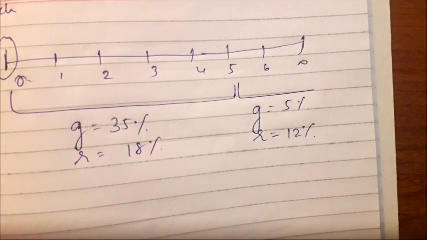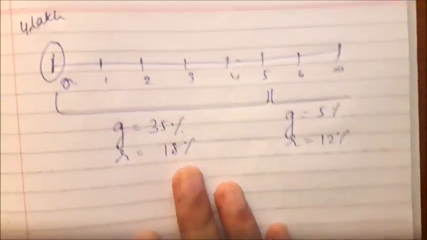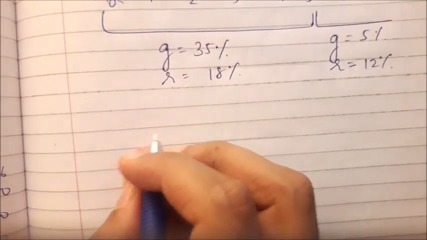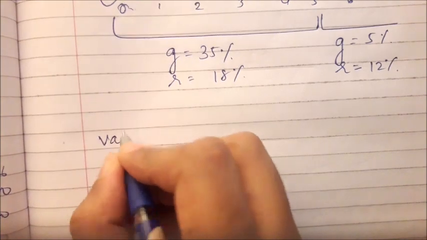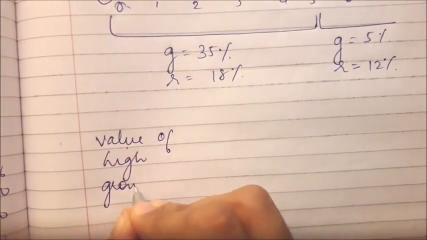Here the cash flows are even, only growth is going to happen. So we have one formula which we revised. We can use that formula for the value of the high growth period.